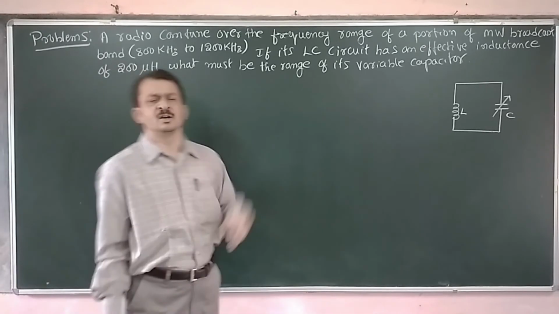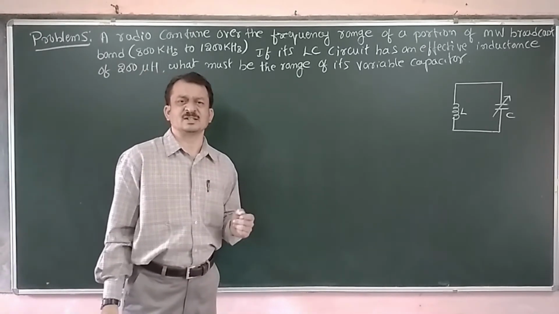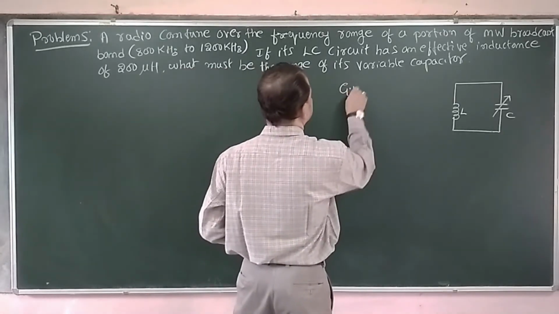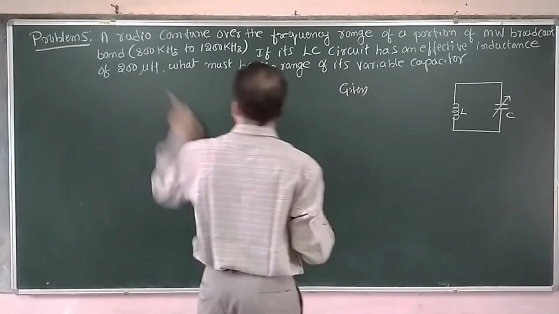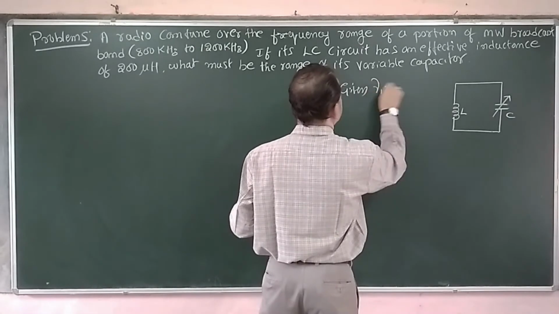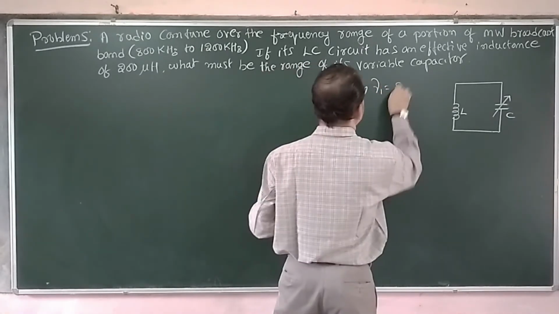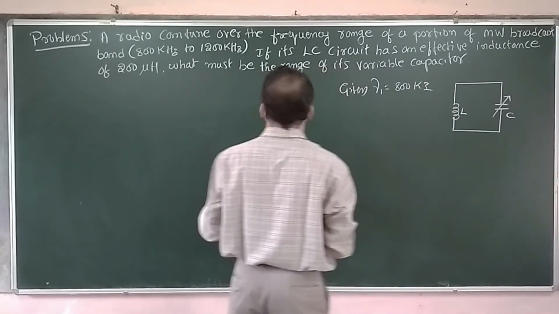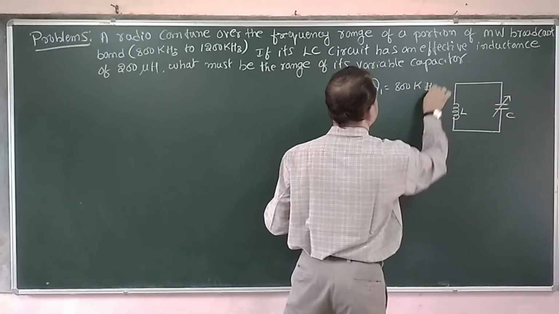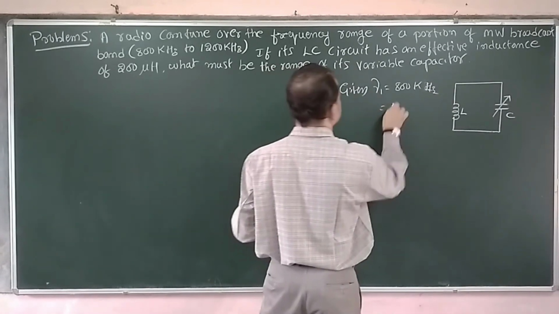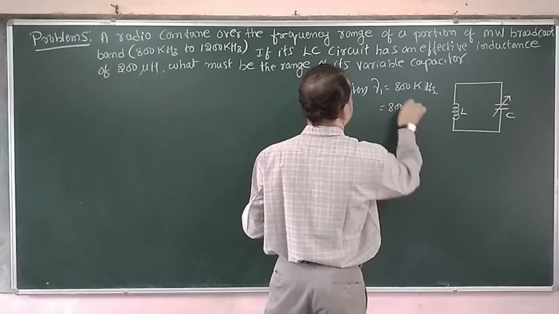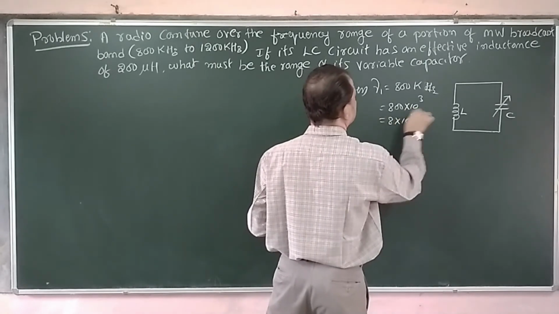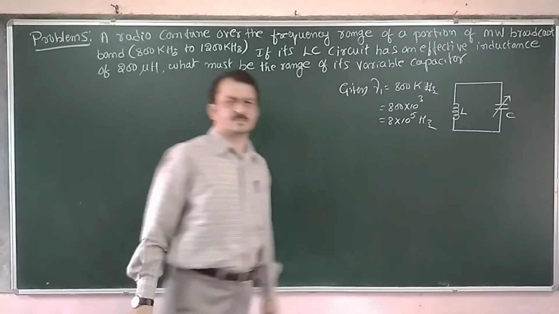Now we have to calculate the two values of the capacitor, C1 and C2. Now here the frequency range is given. The initial frequency is 800 kilohertz, that is 800 into 10 to the power of 3, or 8 into 10 to the power of 5 hertz.